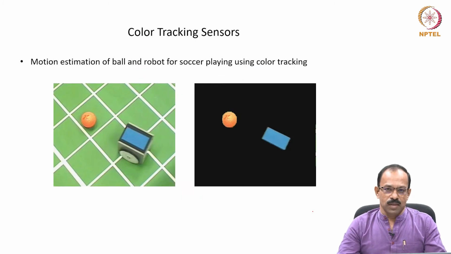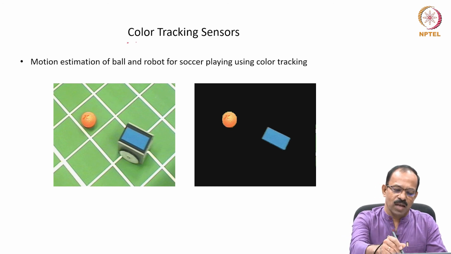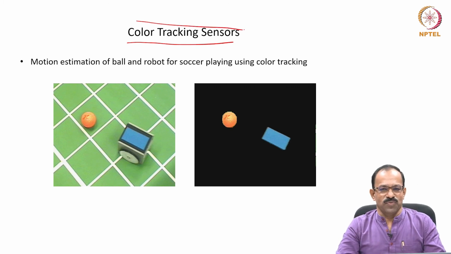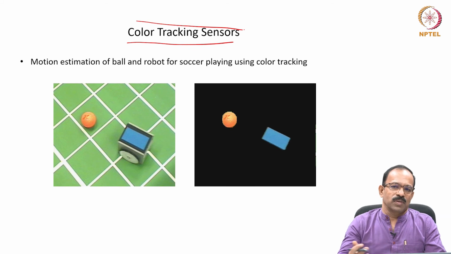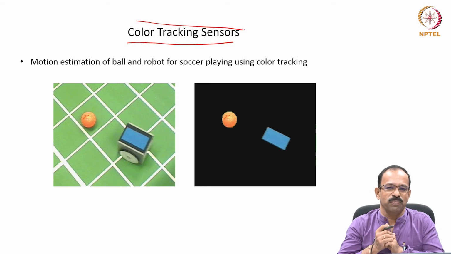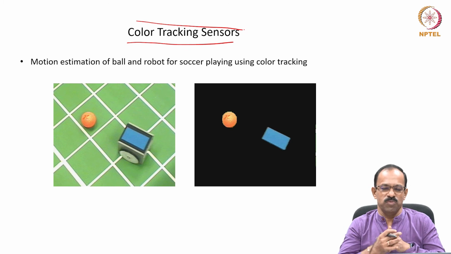Okay, some other motion estimation sensors are again based on cameras. You can look at the color tracking sensors. You can identify the color of something, and then program the robot to follow that color. As long as the camera is seeing the same color, the robot will be able to follow that particular object.